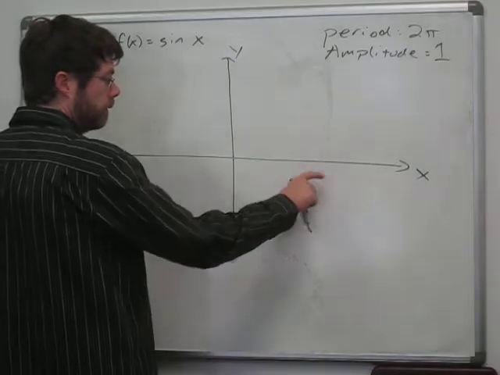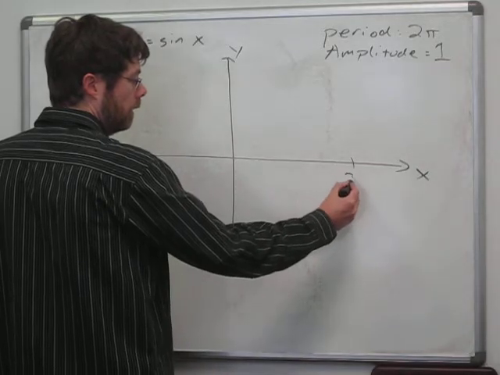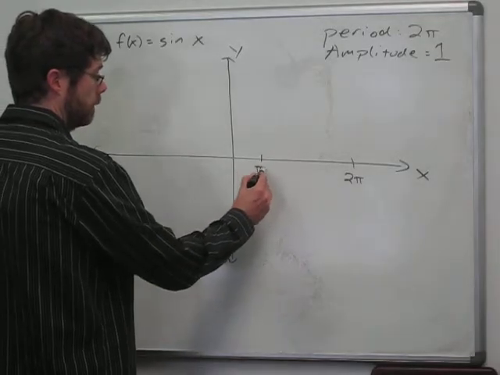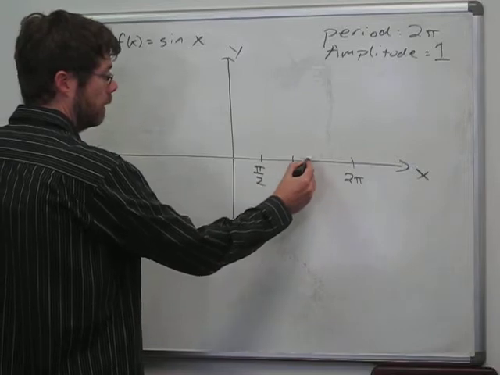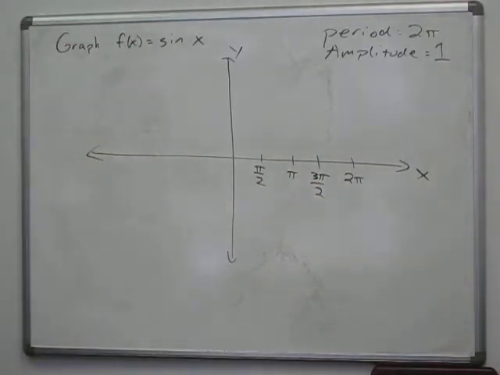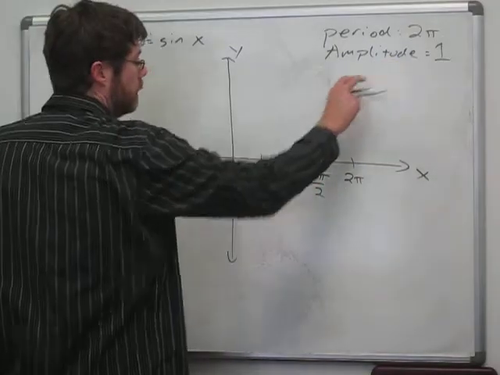So to graph the first cycle, I'm going to go out a full period of 2 pi and then chop it into quarters. So pi over 2, pi, 3 pi over 2. Okay. My amplitude is 1.